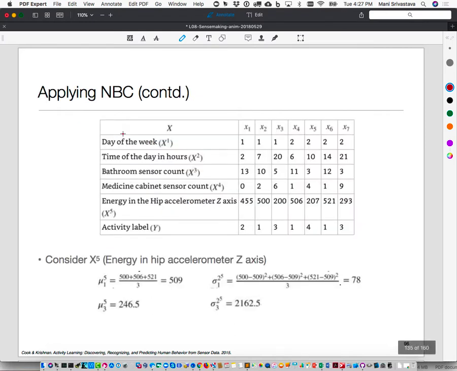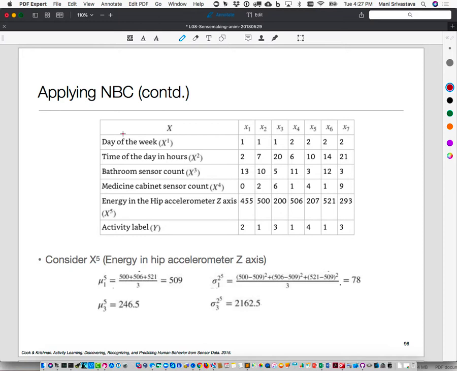So in this particular case, considering this energy feature, you can calculate the mean for x5, given that the activity level was 1. These are three such instances, 500, 506, and 521. I calculate the mean, I calculate the variance, and likewise, I calculate it for the case where activity level was 3.